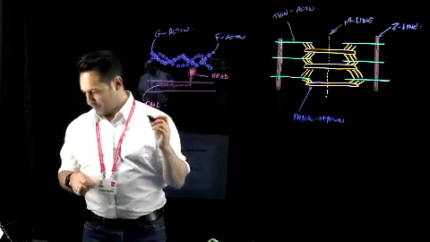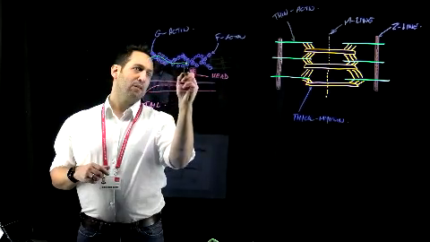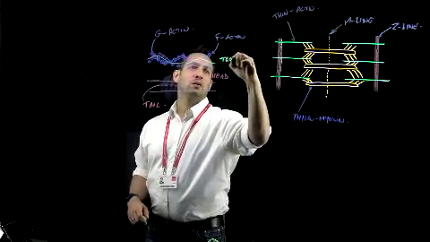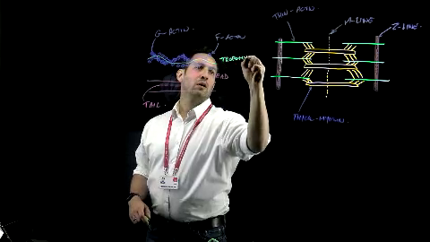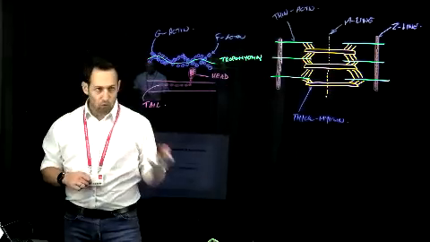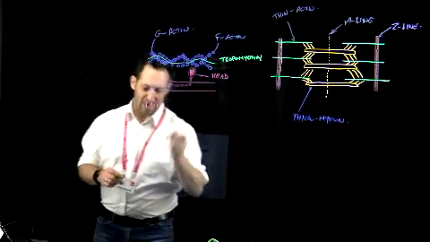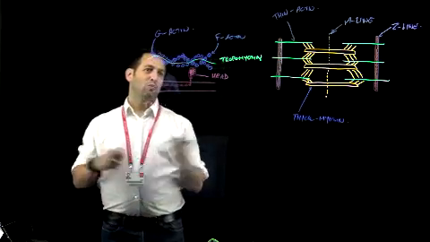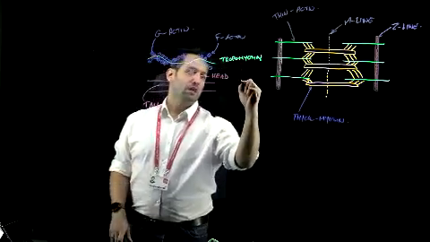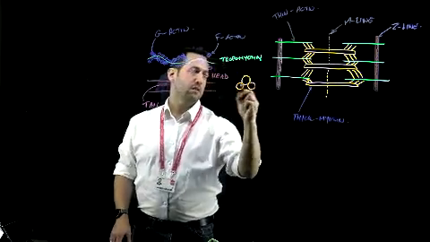I'm building to something, I promise you. What we've then got running throughout this is a molecule called tropomyosin. We've got tropomyosin that runs through it. Attached to the tropomyosin, we've got a particular molecule that is going to become very, very important to us. It's got 3 parts, like this.